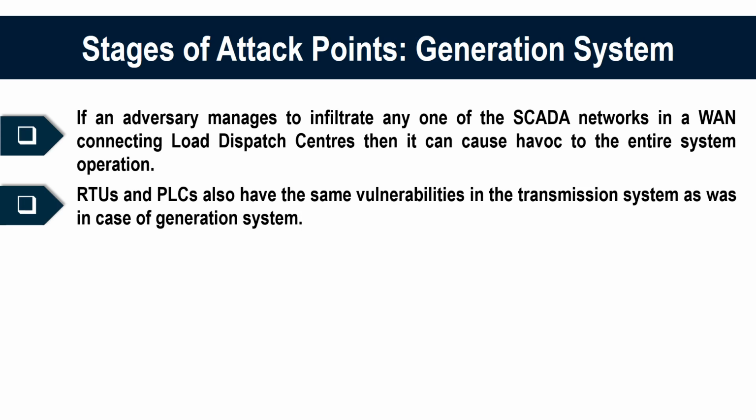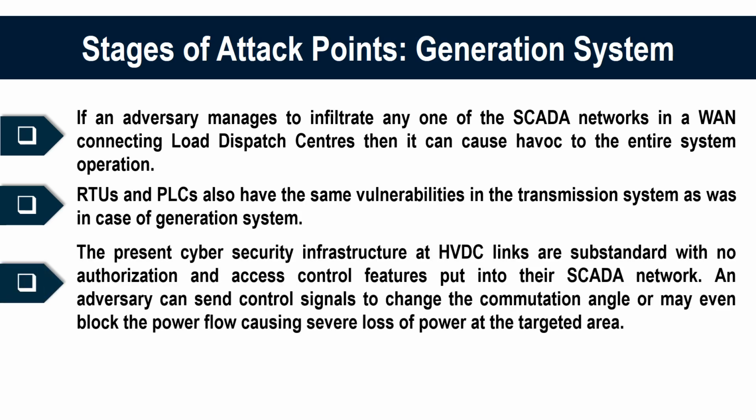RTUs and PLCs also have the same vulnerabilities in the transmission system as in the generation system. The present cybersecurity infrastructure of HVDC links is substandard, with no authorization and access control features put into their SCADA network. This is the current state of the network.